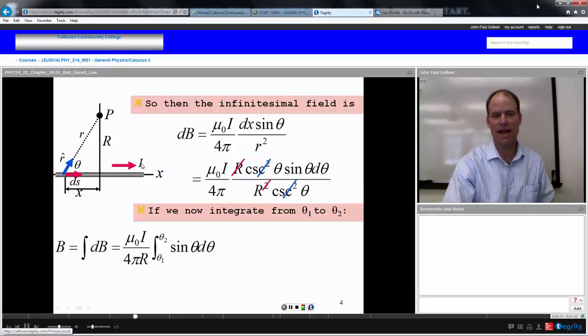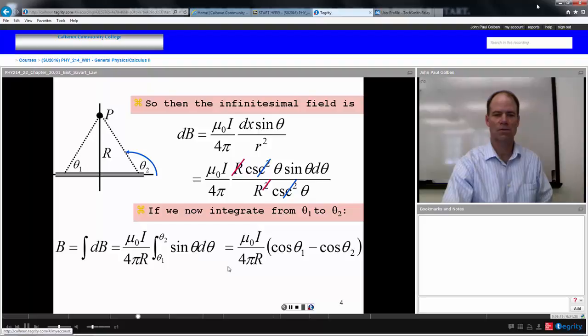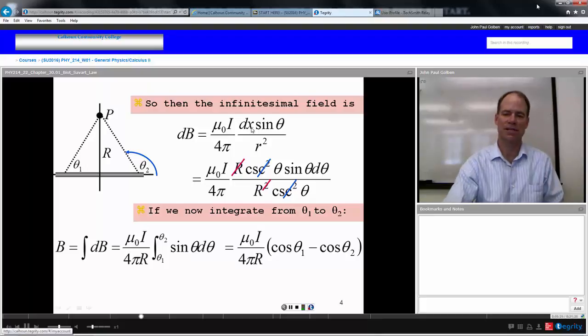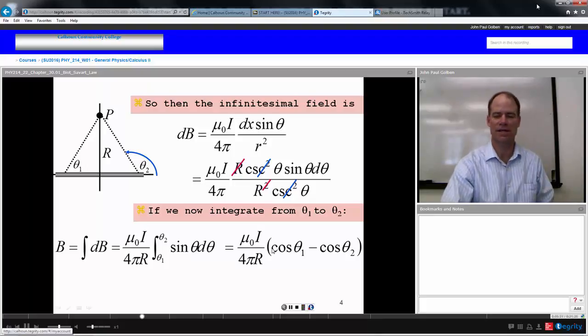Theta 1 is our lead angle on one end and theta 2 our angle on the other end. The integration of sine theta would just be negative cosine theta, evaluated from theta 1 to theta 2, and that's going to give us cosine theta 1 minus cosine theta 2.